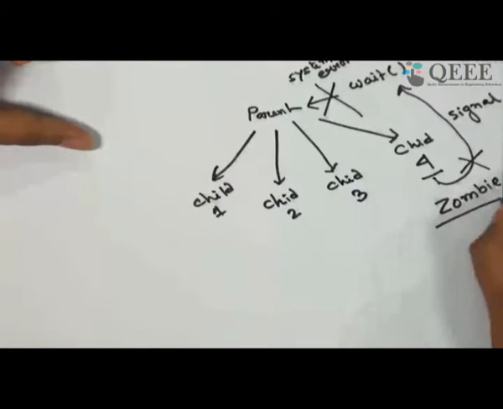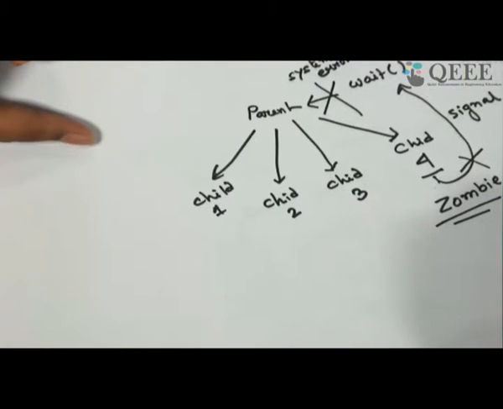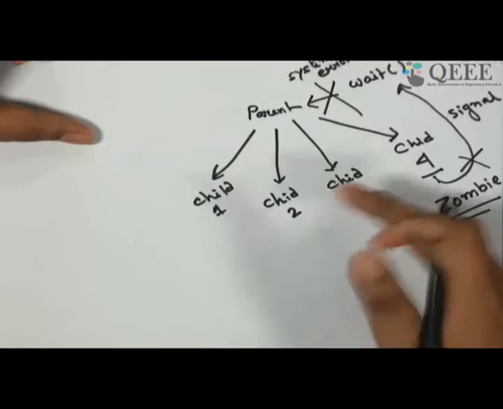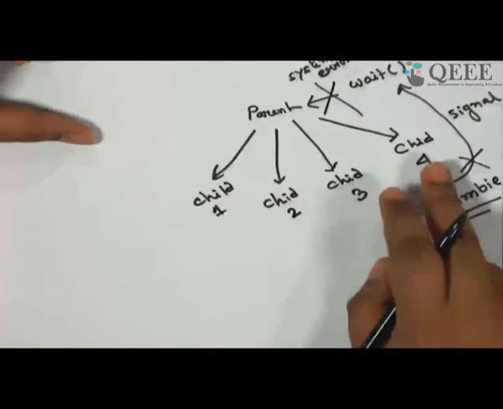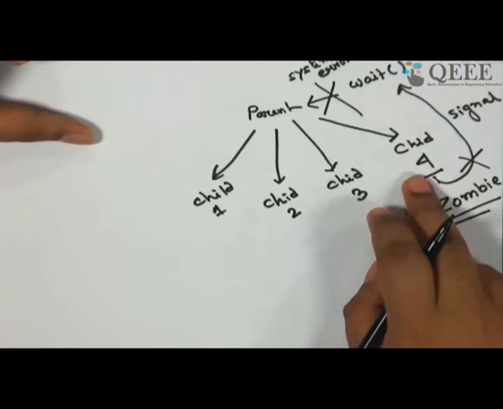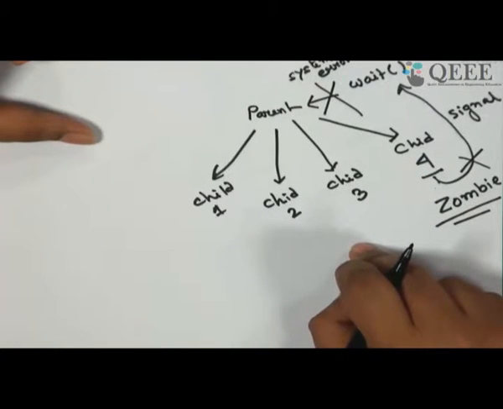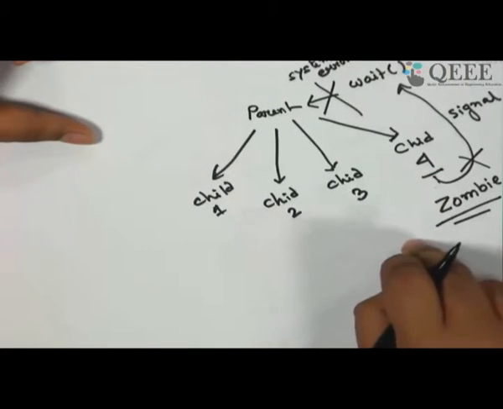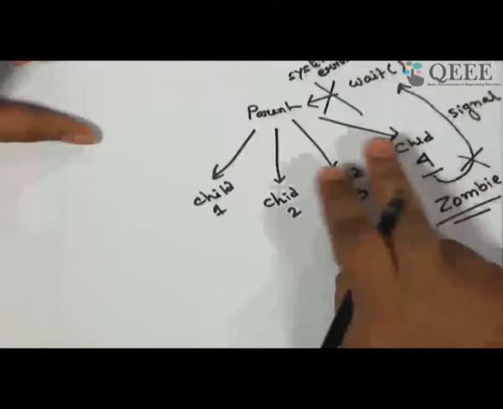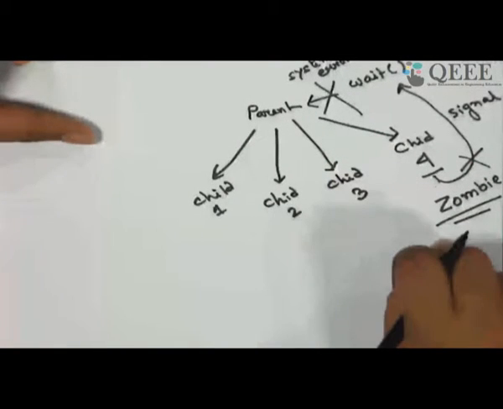This zombie process is kind of a shortcoming or a problem for the operating system, because if you have a zombie process, the child will only be able to release the resources. The child processes have taken some resources and they are continuing their execution. Once the execution is completed, they will send the signal back to the parent and then they will release the resources.